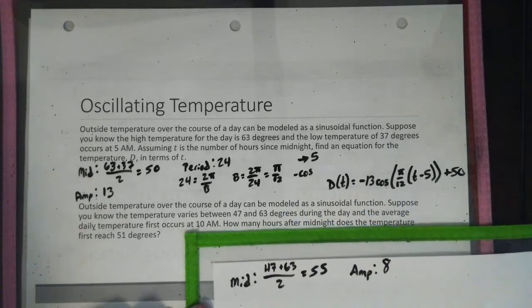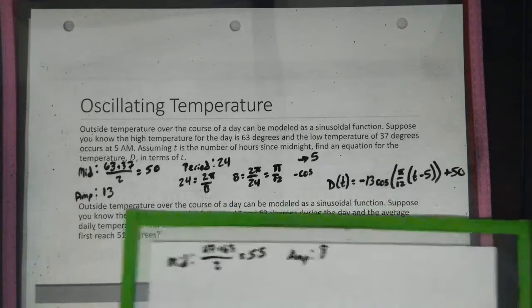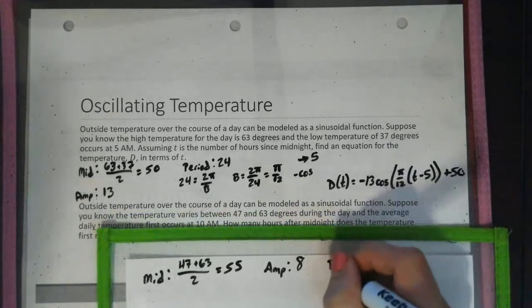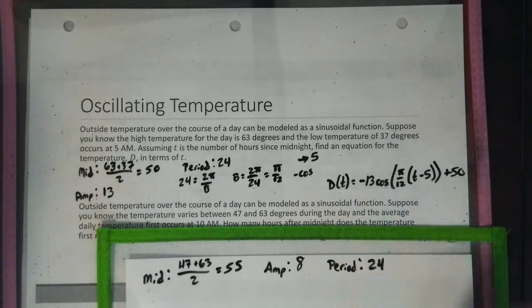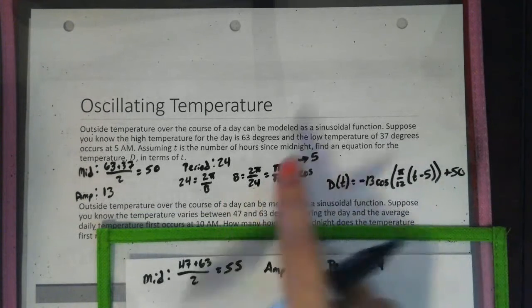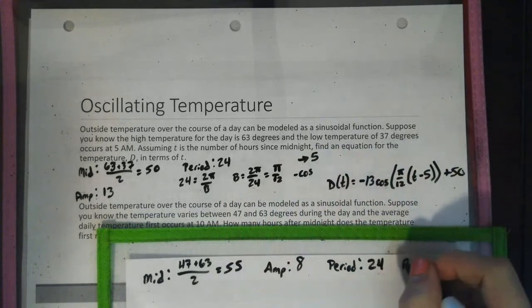Just like last time, we're dealing with a period of 24 hours. So we will say that our period is 24. And since we already did the math for that, I'm going to use the fact that b equals pi over 12.